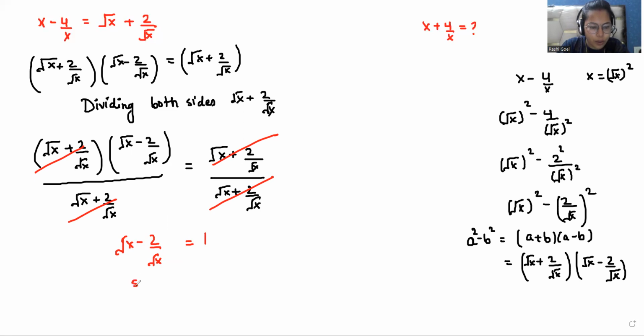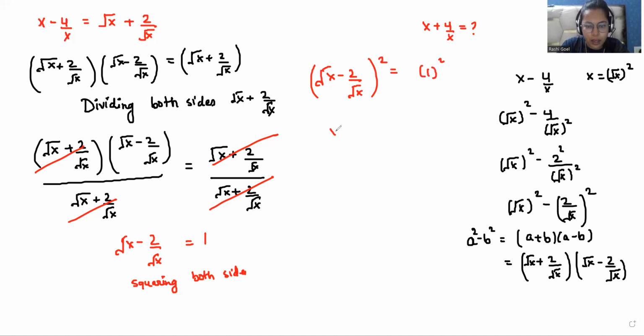If I square both sides, it looks like under root of x minus 2 over under root of x whole square is equal to 1 square.